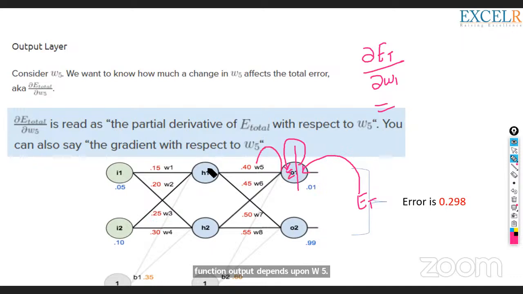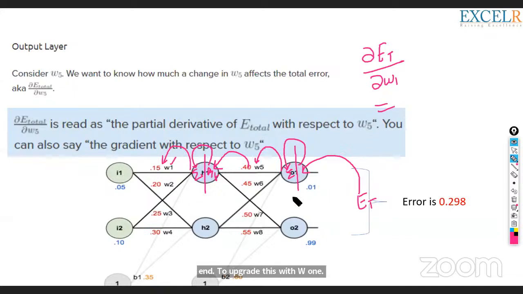W5 depends upon the activation function of node H1. The activation function of node H1 depends upon the adder function output of node H1. The adder function output depends upon weight W1. So these many gradients will get calculated at the backend to update this weight W1.